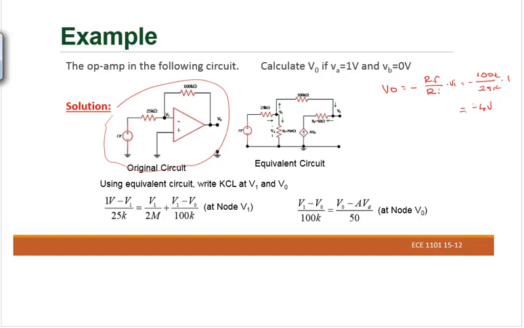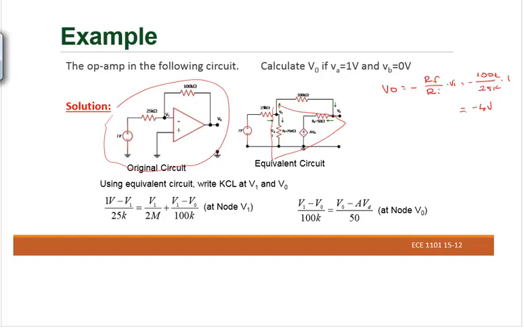If we put in the typical equivalent circuit of the operational amplifier to find the more accurate value, I'm going to look at it like this. This is my operational amplifier.